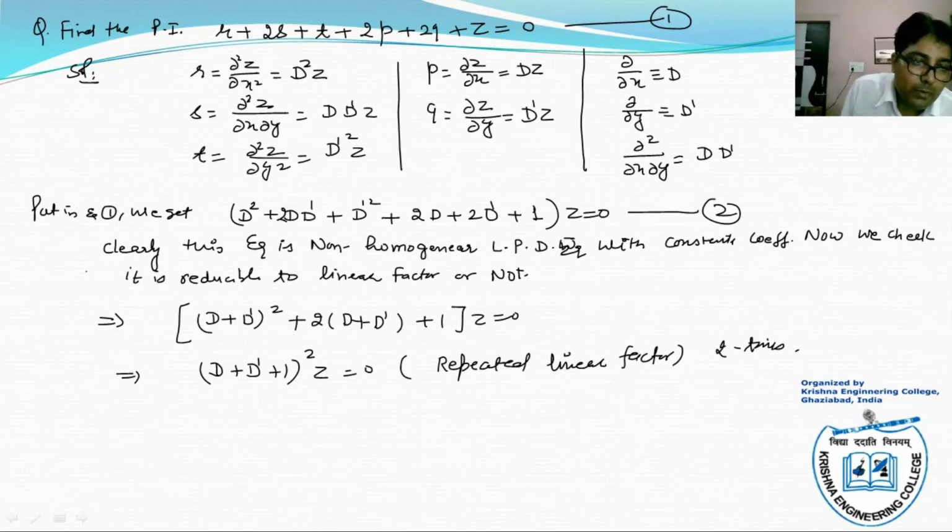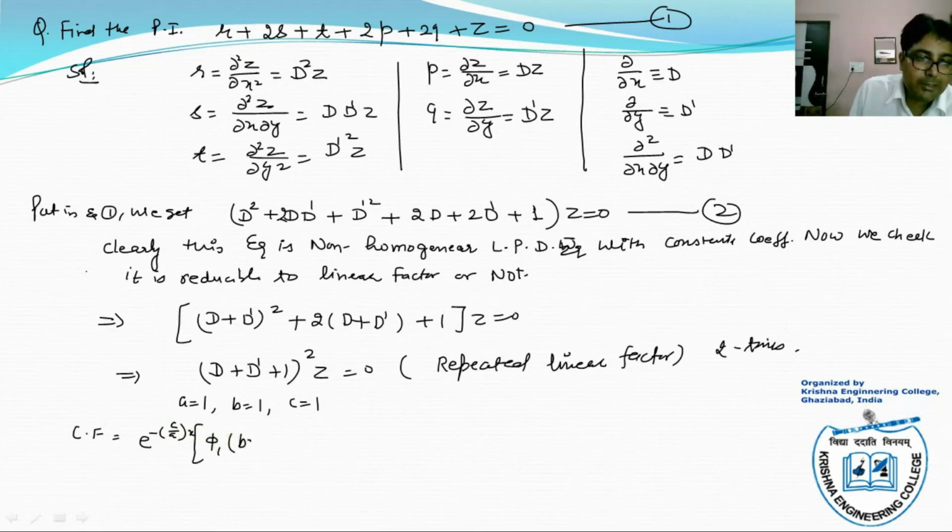Now find the value of a corresponding to this factor. The value of a is equal to 1, value of b is equal to 1, and value of c is equal to 1. The coefficient of D is a, coefficient of D dash is b, and the constant term is c. So CF in this case is e to the power minus c by a into x, phi 1 bx minus ay plus x phi 2 bx minus ay.